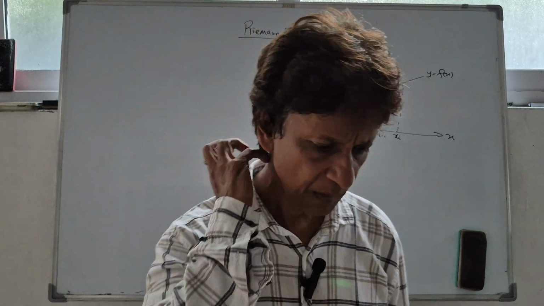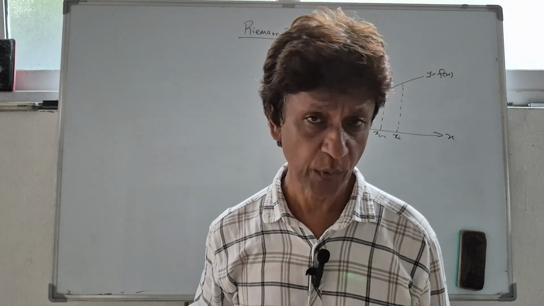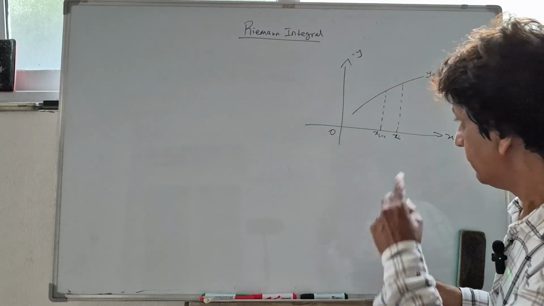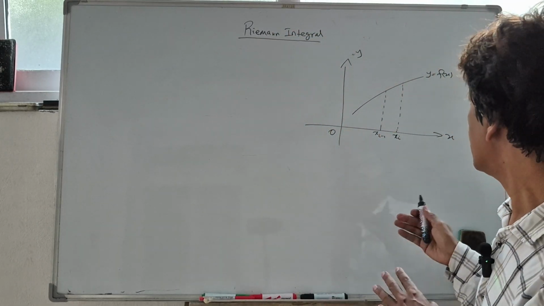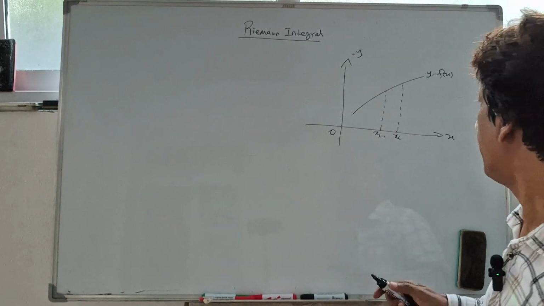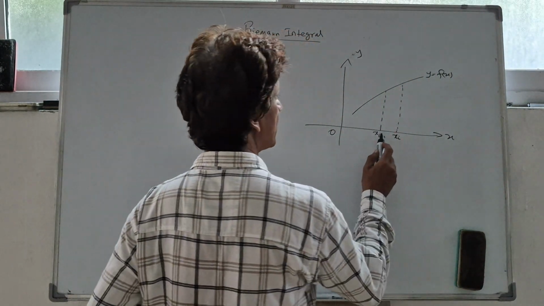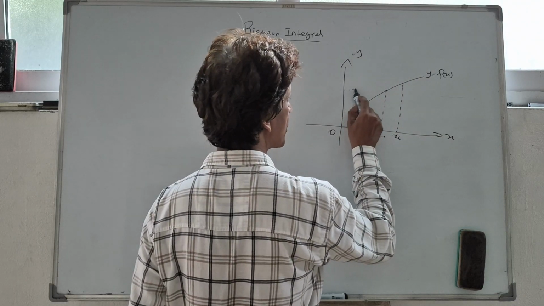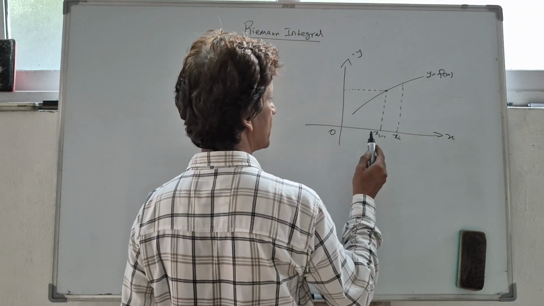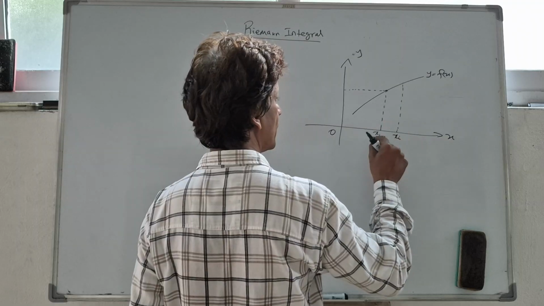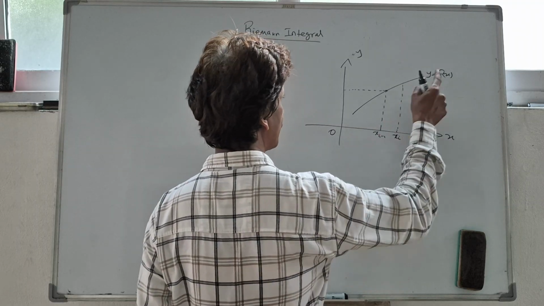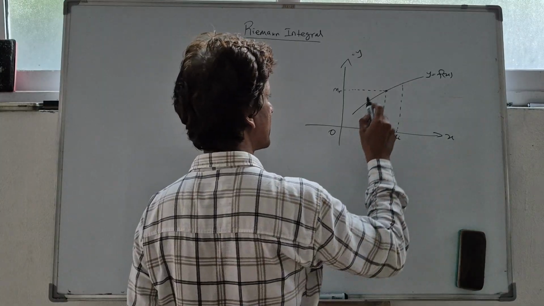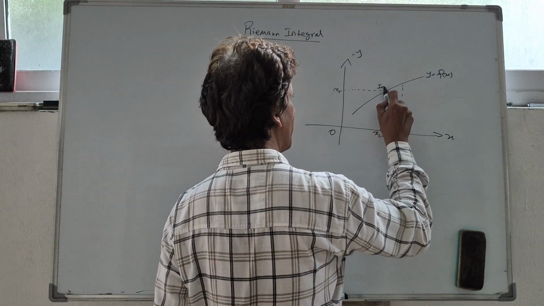And in my last video, we went over what we call the infimum and the supremum. So I'm just going to talk about that to recap the idea and use it to find the upper and lower Riemann sum. So what we have then, this value over here is the function value at this point x for that function, and it was denoted by small m because this is what we call the infimum.